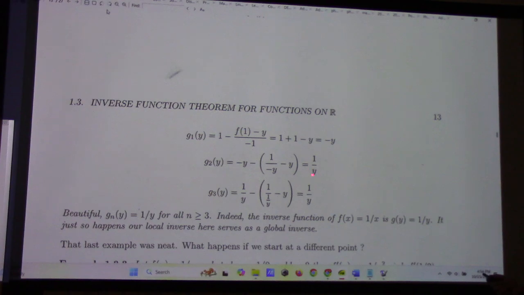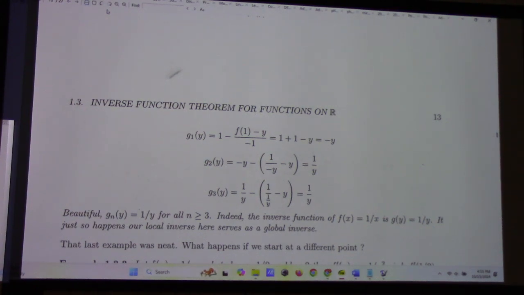And then the funny thing is, once you get to 1 over y, the iteration stops. When I plug in 1 over y, we take 1 over y minus 0. So in this particular instance, the sequence of approximates to the inverse function actually converges to the inverse function after 3 steps.